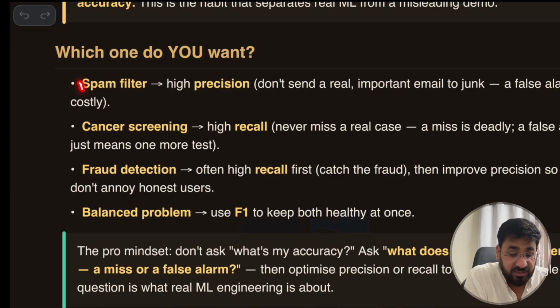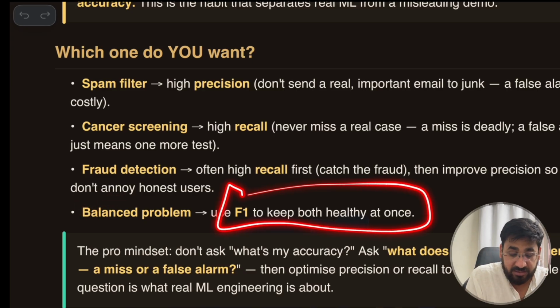So that's the reason we need high precision. Now cancer screening, we need high recall. Why? Because we never miss a real case. If someone has cancer and we are not detecting it, then this is a worse scenario. In fraud detection, often high recall first. And for a balanced problem, use F1 to keep both healthy at once.